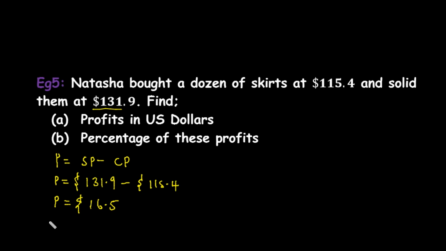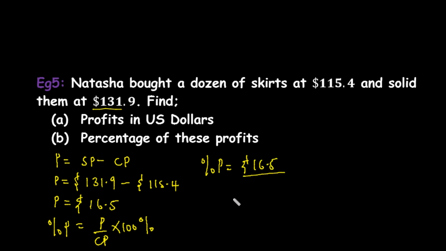Now I want to calculate the percentage profit, and we say that percentage profit is equal to profit out of the cost price times 100%. Is that okay? Therefore percentage profit is equal to $16.5 out of what is the cost price, that is $115.4 times 100 what?